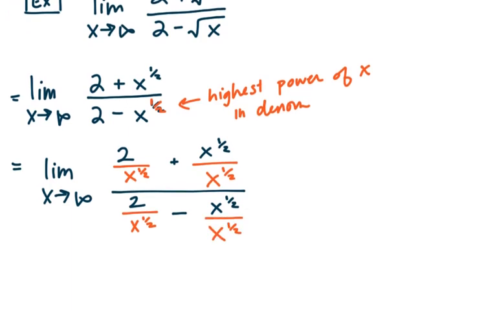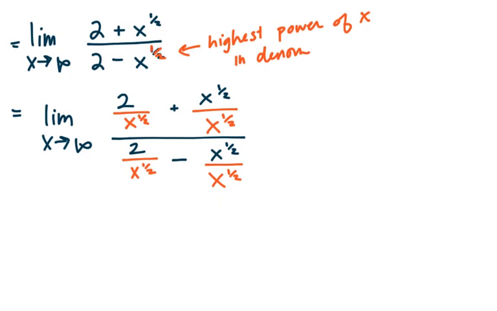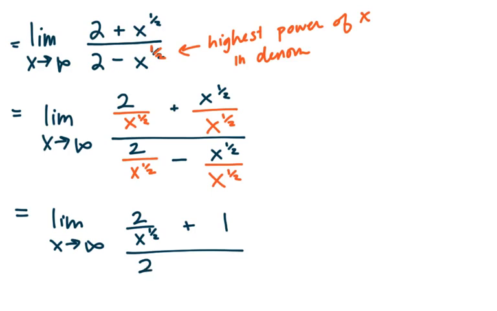So I took all of my terms and divided them by the highest power of x in the denominator. And this simplifies. I've got the limit as x approaches positive infinity of 2 over x to the 1/2 plus 1, over 2 over x to the 1/2 minus 1.